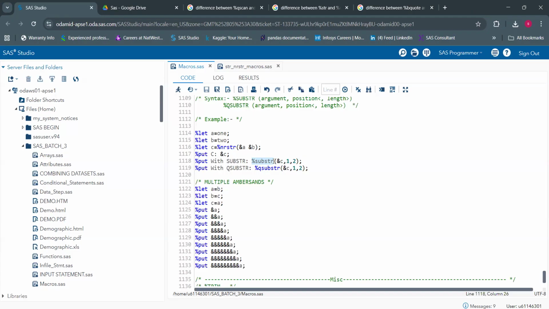In SAS, take it as any coding language: first, they create a normal function. Once they see it has a few drawbacks, they create the next function, the Q one, the most updated one. So that's what it is.